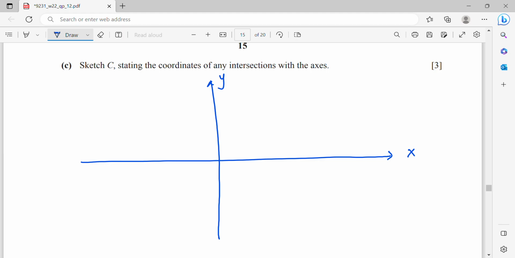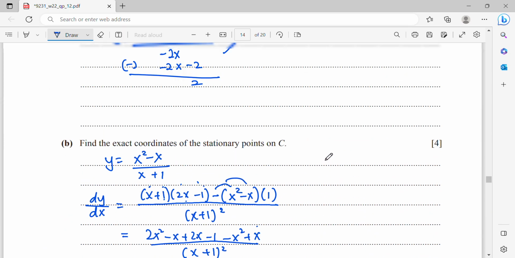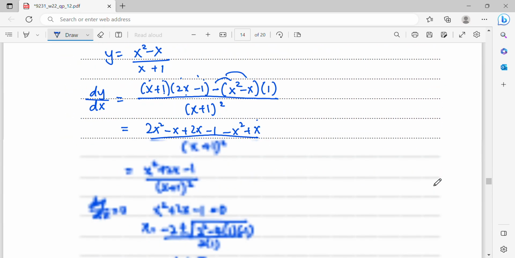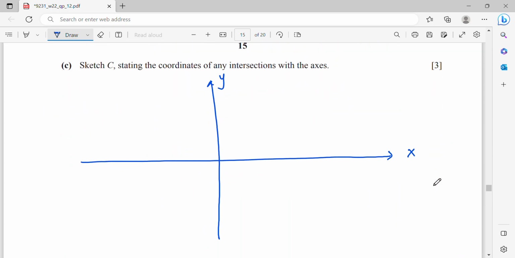Right? So the oblique asymptote is y equals x minus 2, then x equals minus 1 for the vertical asymptote. So let's say here is minus 1, then let's say here is 2. Right? 0, 1, 2.